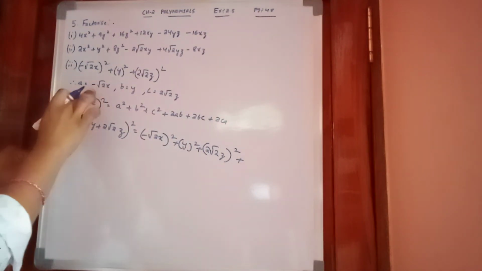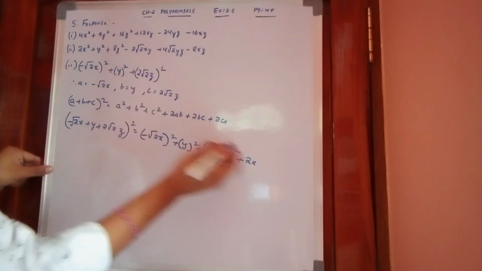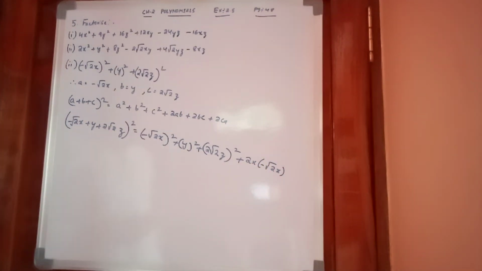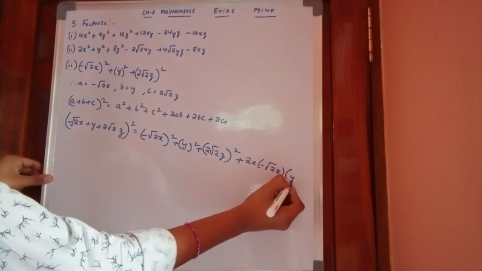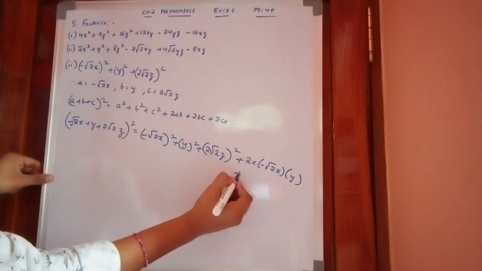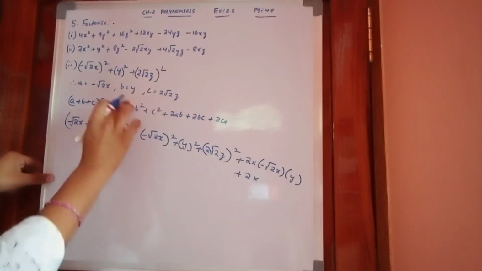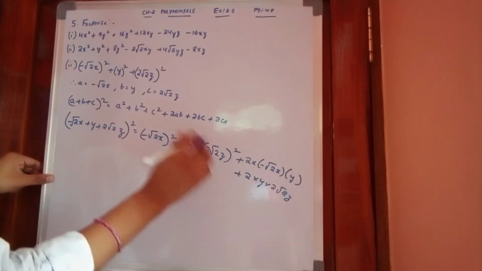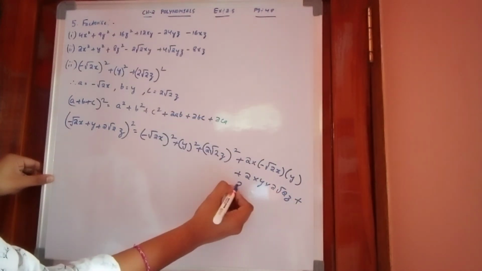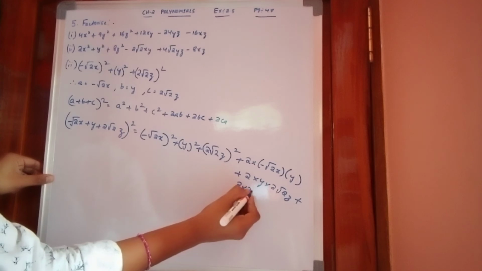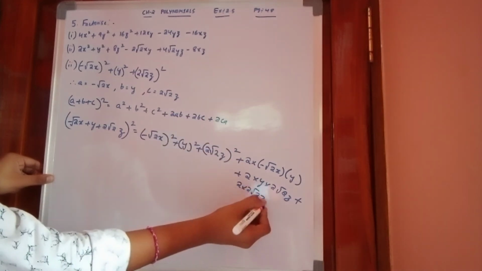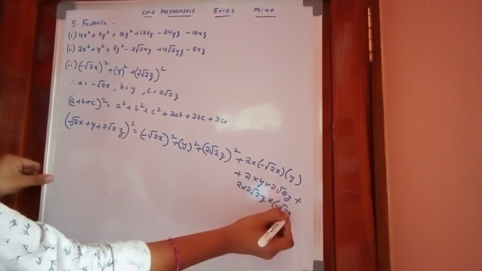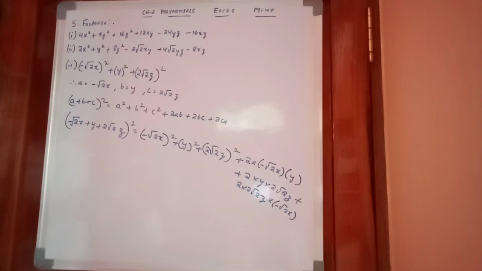So 2ab means 2 into a value is minus root 2x, and b value is y, so write here as y. Then next 2bc, so plus 2 into bc, b is y, and c is equals to 2 root 2 z, and 2ca plus 2 into c value is 2 root 2 z, and a value is last minus root 2x. So write the minus value in the bracket because it is a negative value.